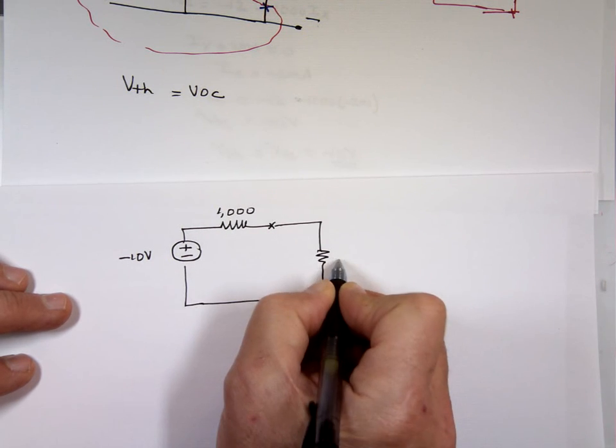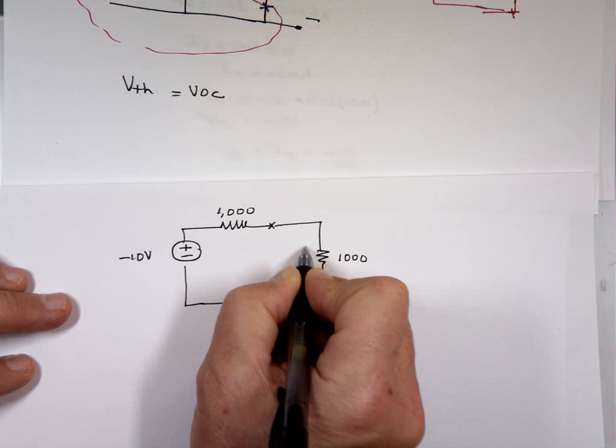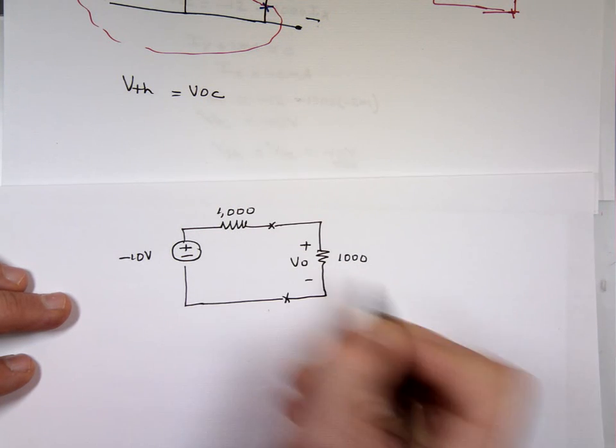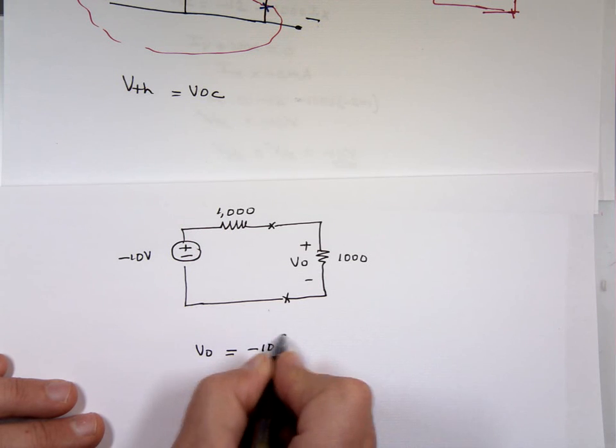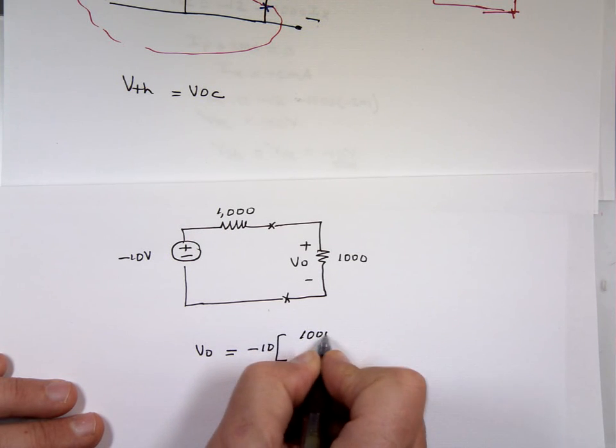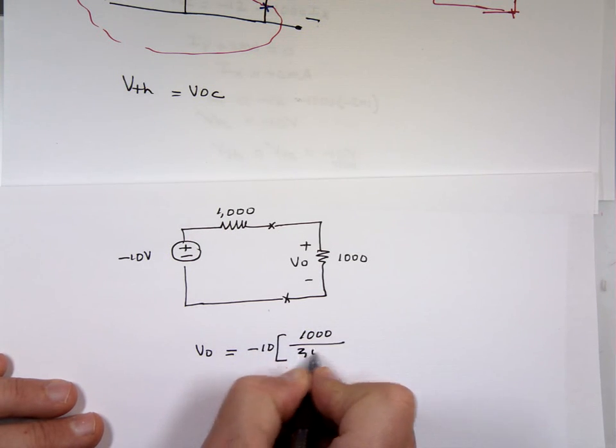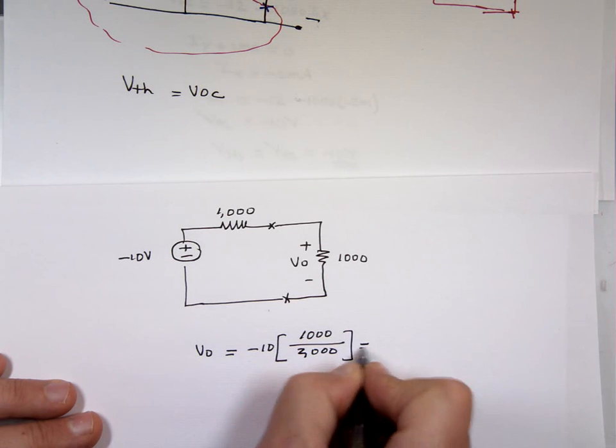And this is 1,000. And what's V out? Isn't that voltage division? Negative 10 times 1,000 over what? 2,000? Negative 5 volts.